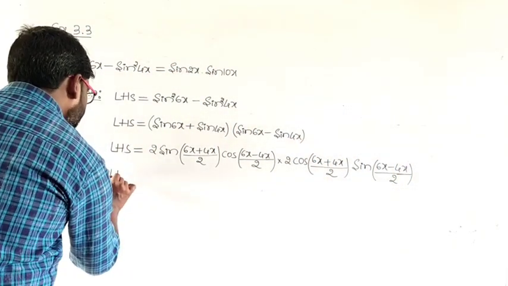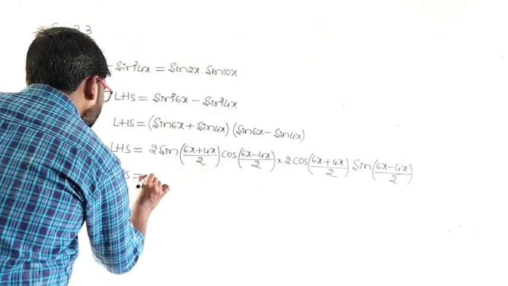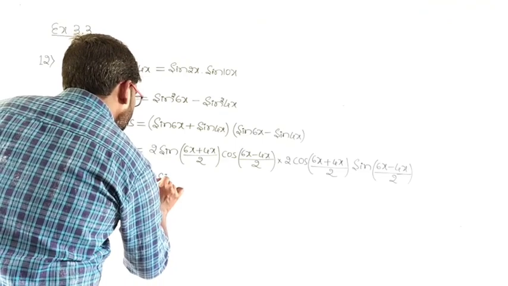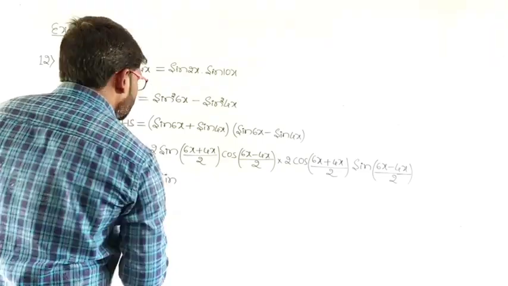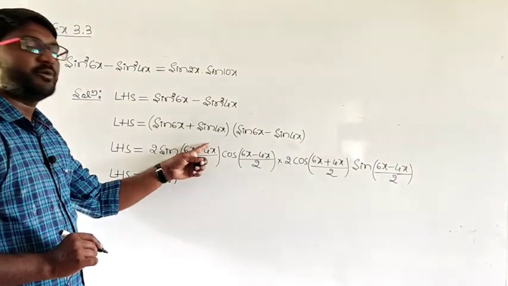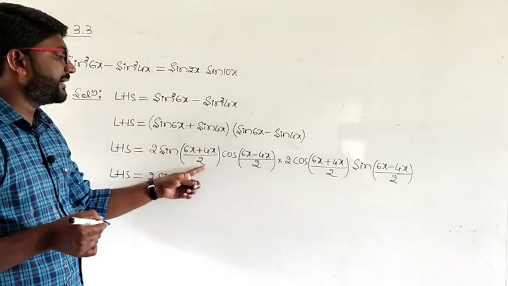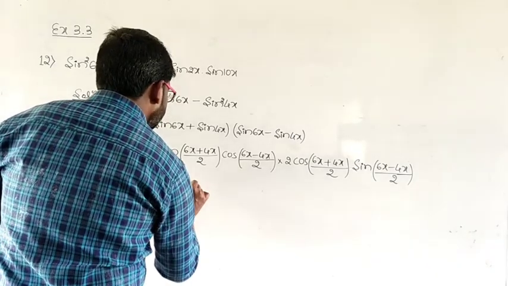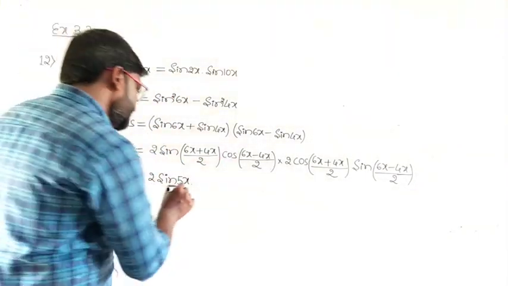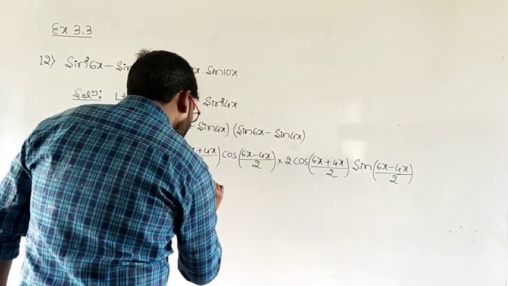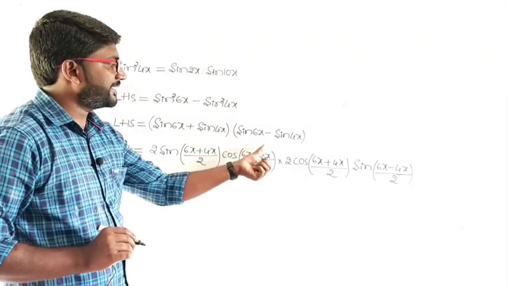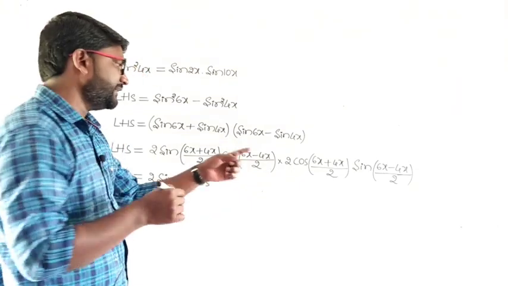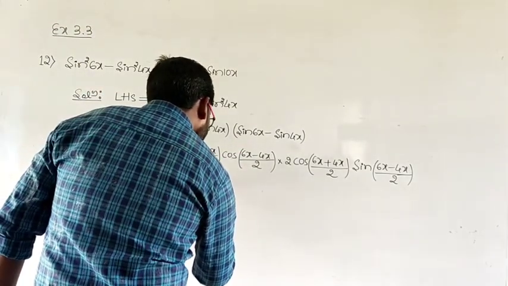Left hand side equals 2 sin, then 6x plus 4x will be 10x. 10x by 2 will be 5x. Then into cos, see here, 6x minus 4x will be 2x. 2x by 2, the 2 cancels and we get x, so we get cos x.